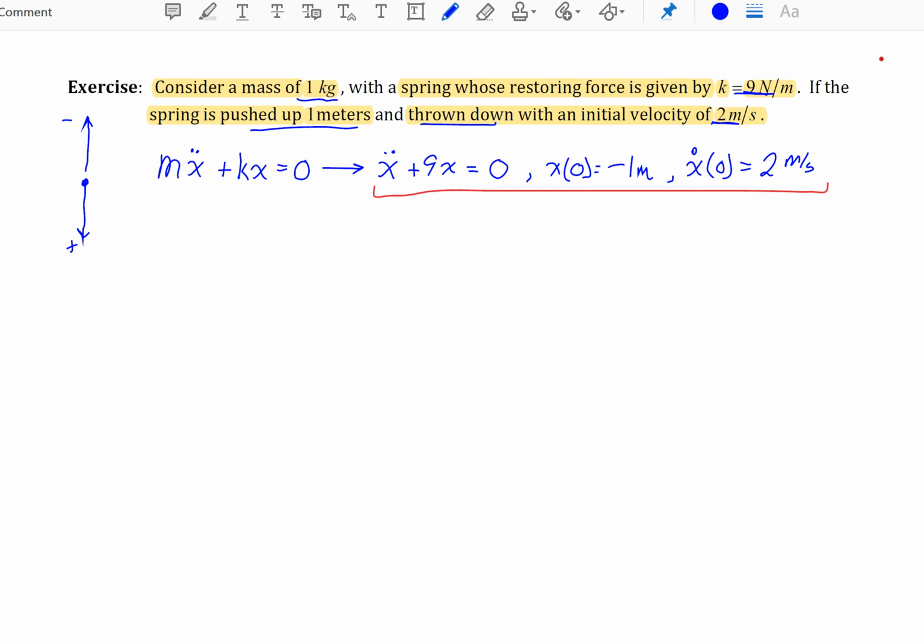And our starting point, again, is with omega naught. Remember, we don't want to reinvent the wheel each time. So here we want to remember omega naught is always the square root of k over m. So here our k is 9 divided by our mass, which was 1, which will be the square root of 9 or just 3.